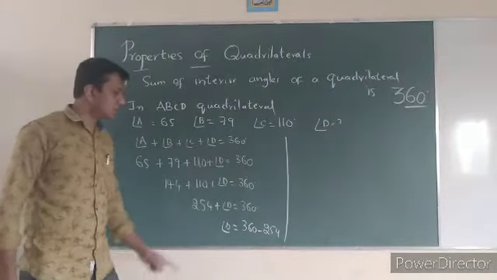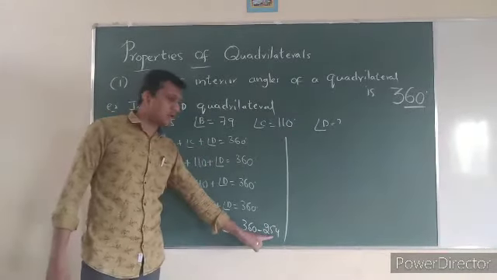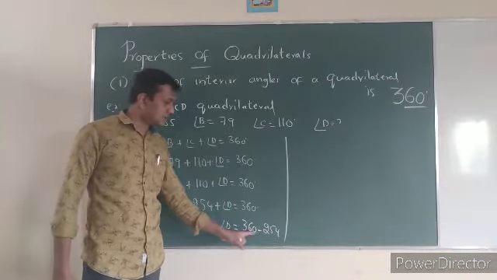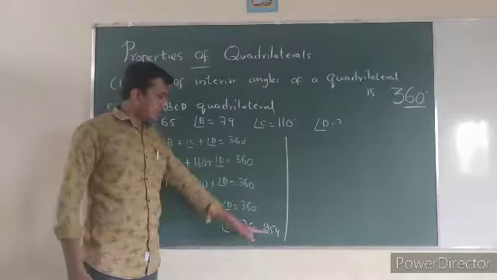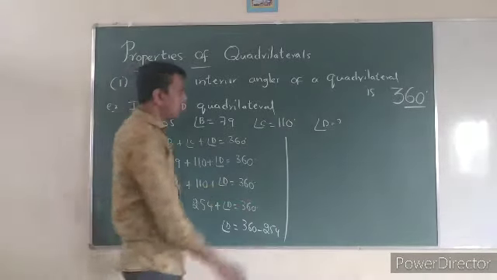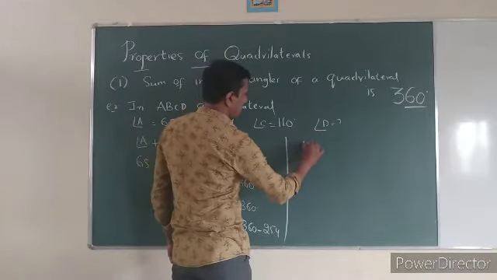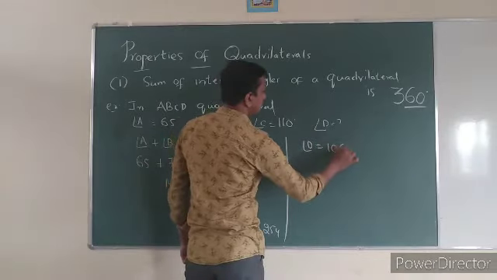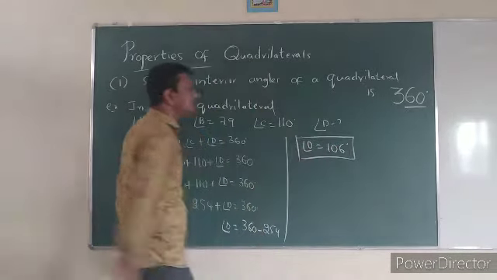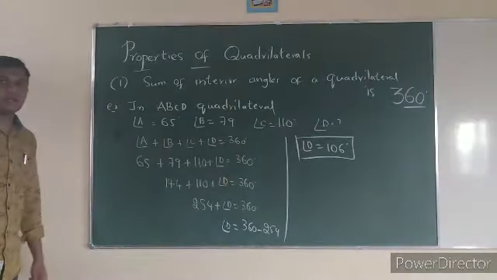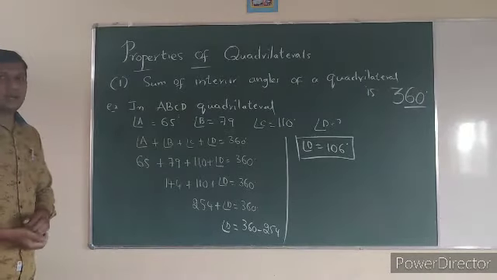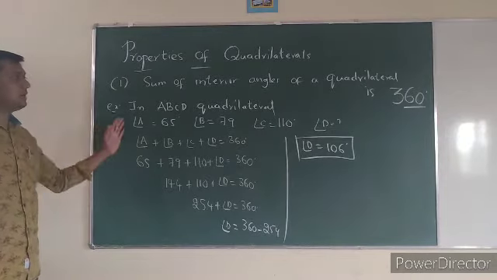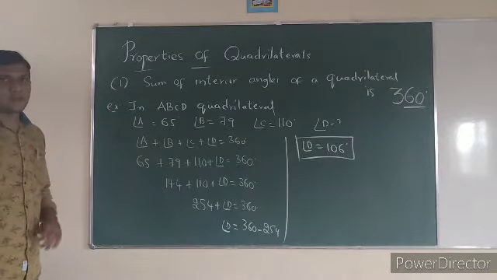Now subtraction: 360 minus 250 is 110. Again 4 you have to subtract: 110 minus 4 is 106. So angle D is equal to 106 degrees. This is how you calculate the unknown angle when the remaining angles are given.